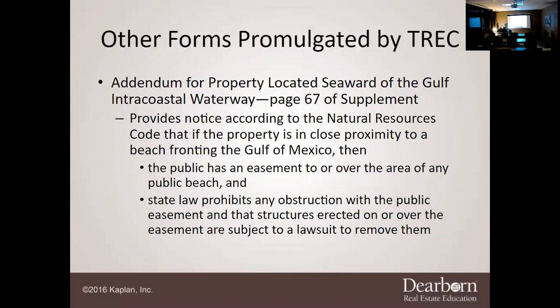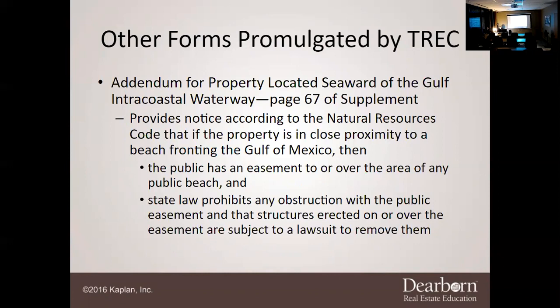Now, what are some other forms that we do utilize by TREC for promulgated forms? Well, we do have the addendum for property that's located seaward of the Gulf Intracoastal Waterway. Now this provides notice according to the Natural Resources Code that if a property is in close proximity to a beach fronting the Gulf of Mexico, then the public has an easement to or over the area of any public beach.